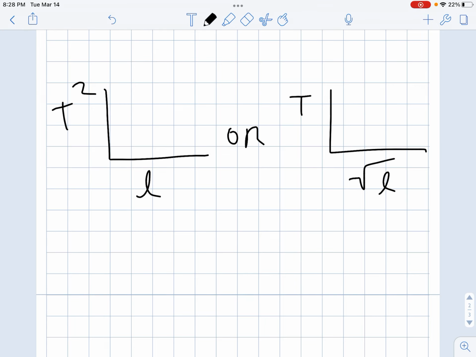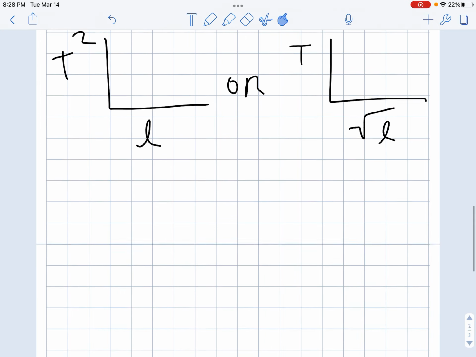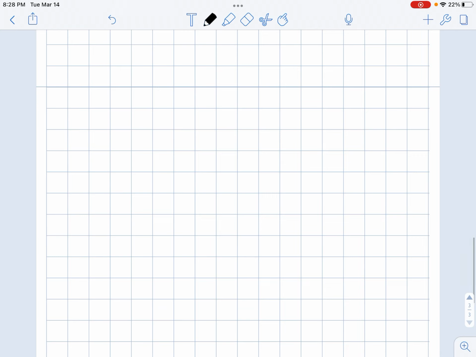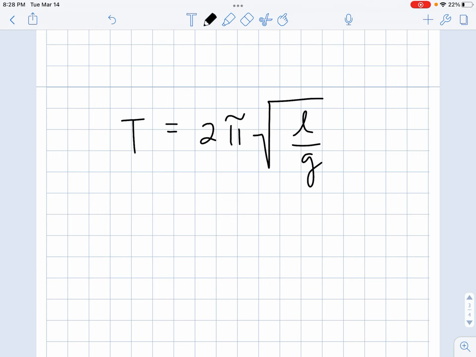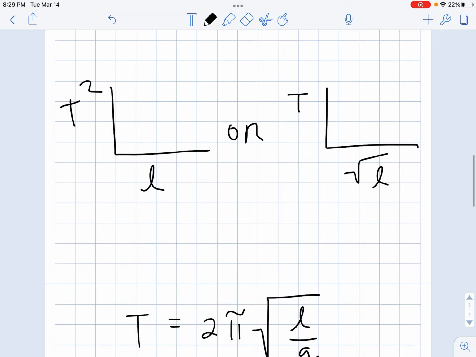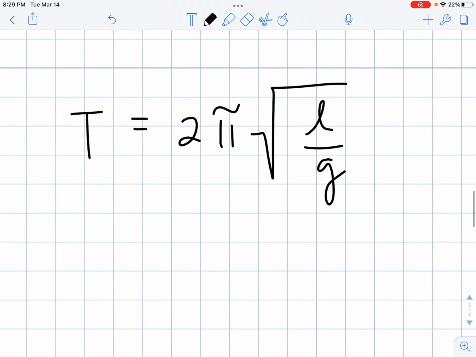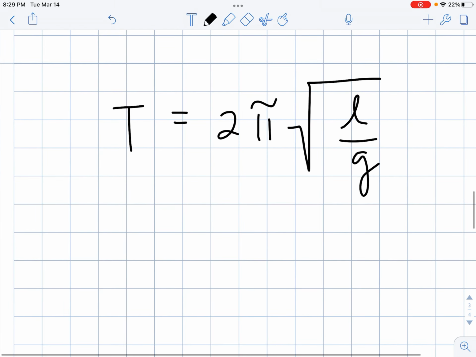So similarly, we could figure out the meaning of the slope by starting with T equals 2 pi times the square root of L over G, and now rearrange the equation for T versus square root of L. So let's take a look at what the math would look like there.